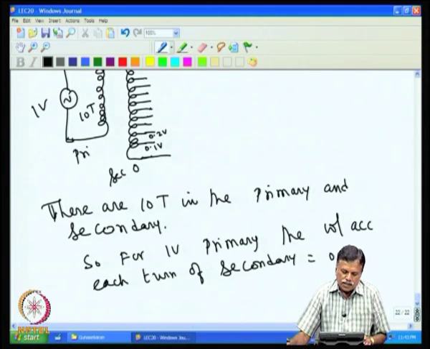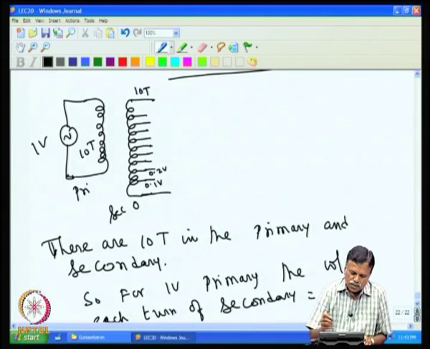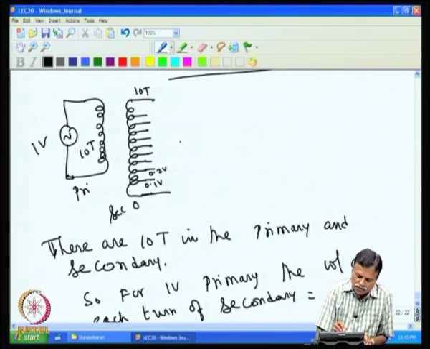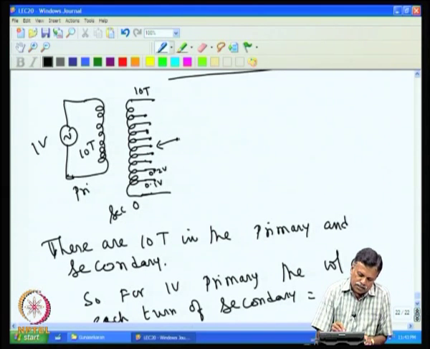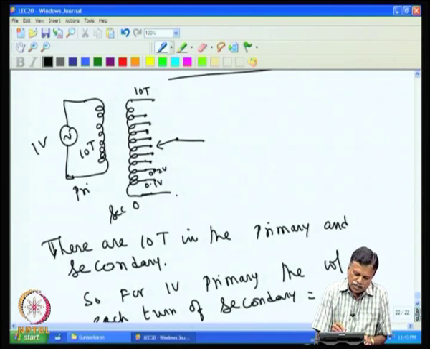Now, what we can do is use a center tap which is actually movable from one point to another. So, we can select here. If this movable tap makes contact here, then you will get 0.1 volt.